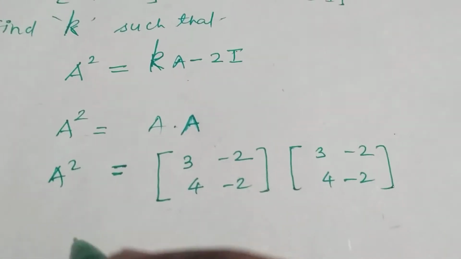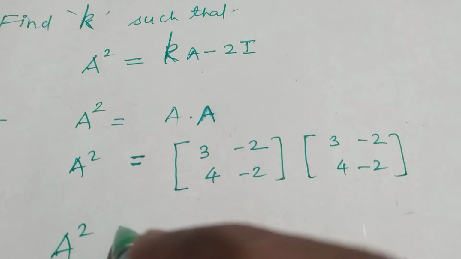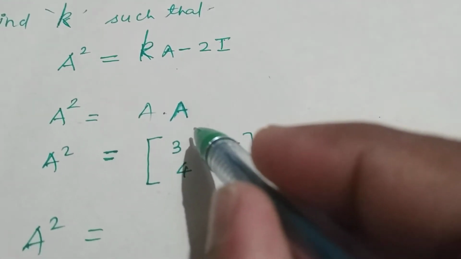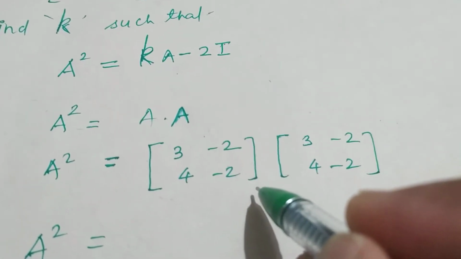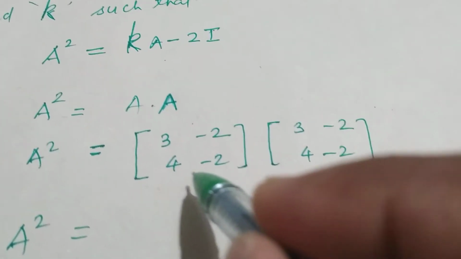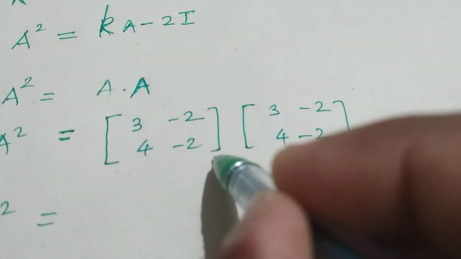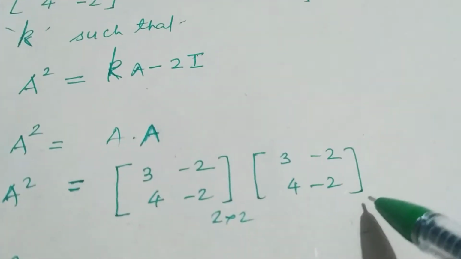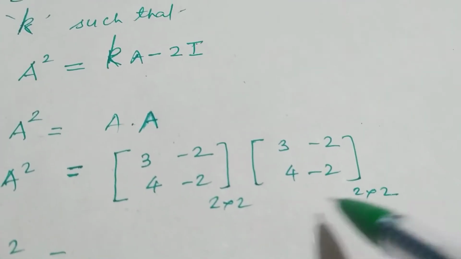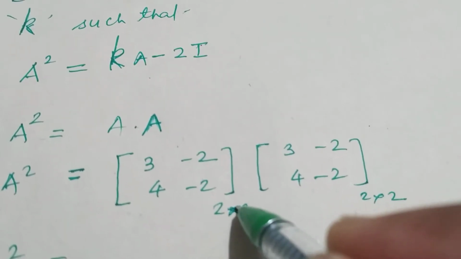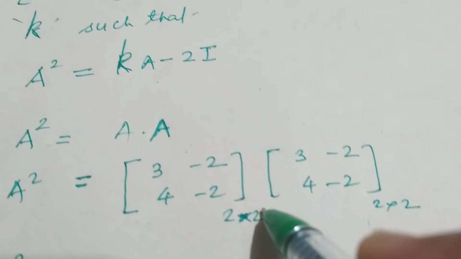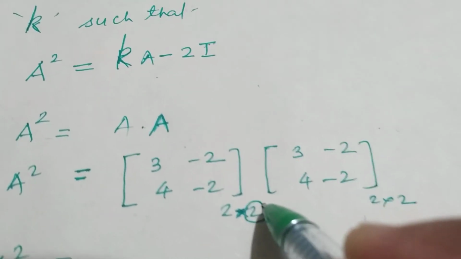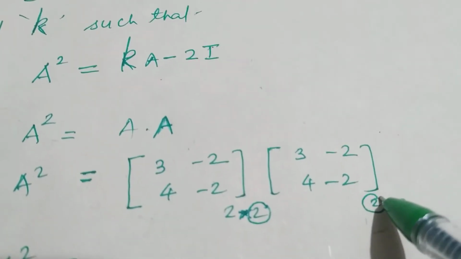We should not forget that we are multiplying a matrix with another matrix, so we have to check certain things. The order of the first matrix is 2 by 2, and the order of the second matrix is also 2 by 2. The first condition for the product to exist is that the number of columns of the first matrix should be equal to the number of rows of the second matrix.